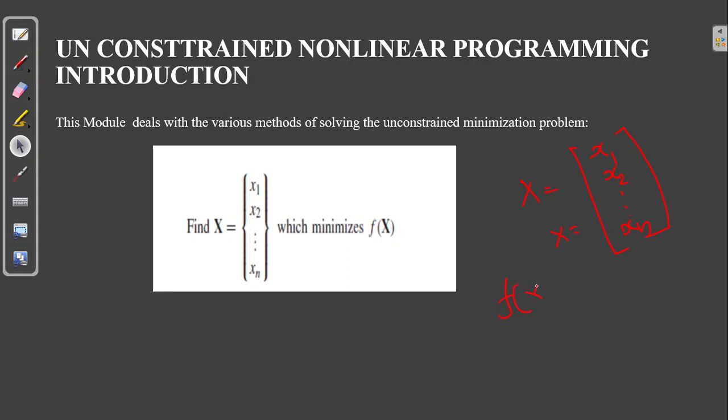F of capital X means it will be a function of x1, x2, x3, etc. Okay, that is our problem. So we are discussing the minimization problems. Similarly, you can also discuss the maximization problems, but we are going for minimization always.